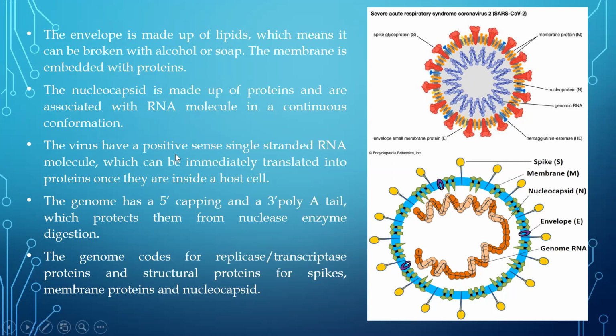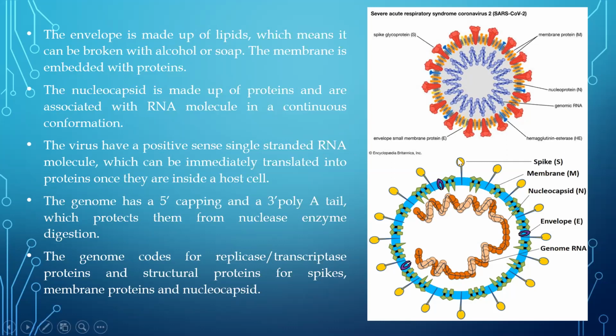It is a positive sense single-stranded RNA, which means this RNA will be directly translated into viral proteins, and these viral proteins will again form viral particles. We know the rest of it, right? Once viral particles are formed, they cause lysis of the cell, then they are released into the surrounding tissues, which means they can spread infection.